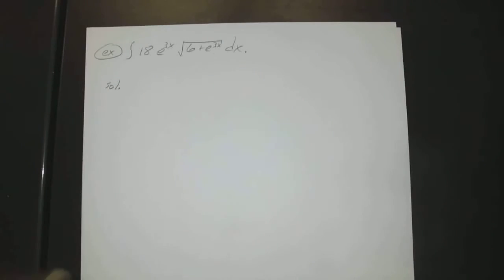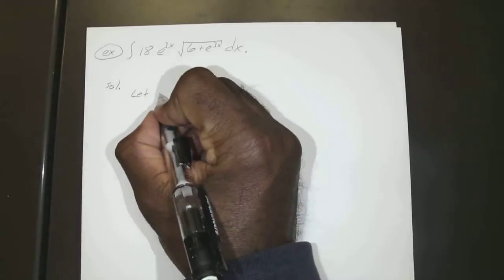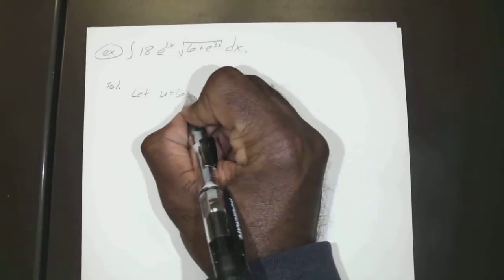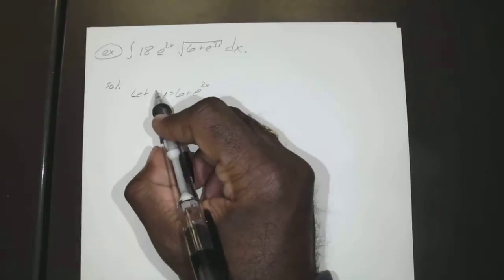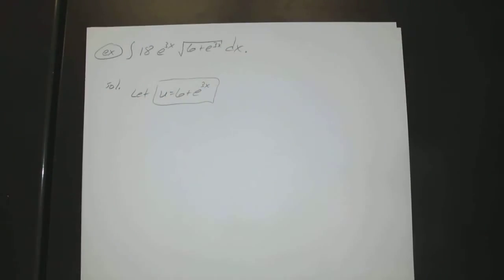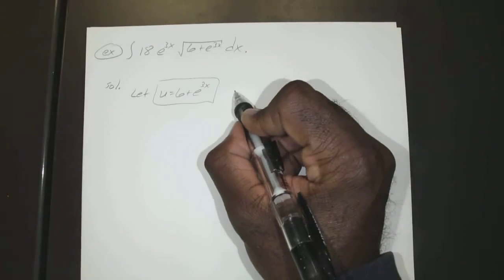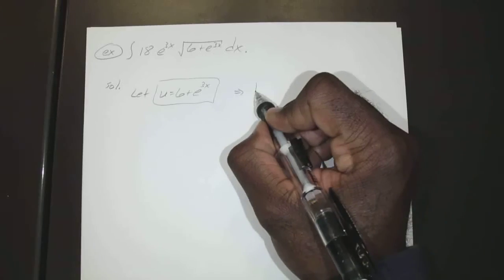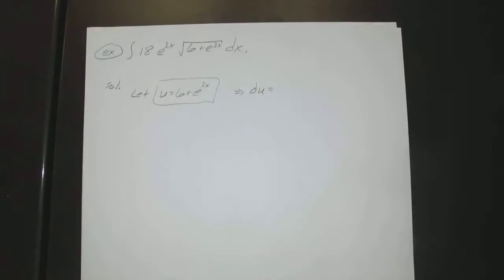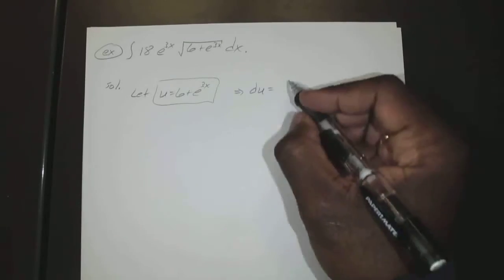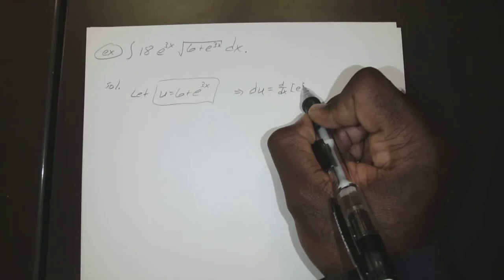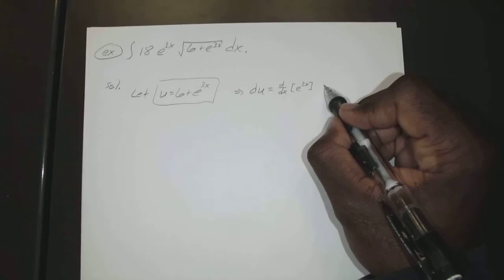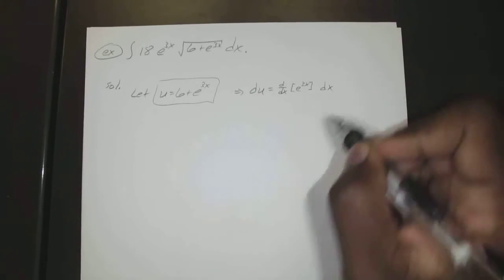All right, so with this one, we're going to let u equal 6 plus e to the 3x. Okay, so our derivative of u is going to equal the derivative of 6, that just disappears. So we're going to have the derivative of e to the 3x with respect to x.